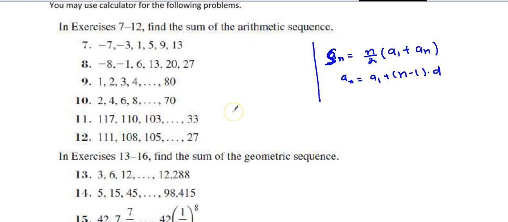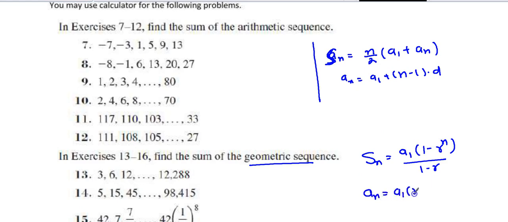Use that for this problem. The second part, geometric sequence: the sum of n terms is a1 times 1 minus r to the n over 1 minus r. Again, refer to the formula sheet. The nth term is a1 r to the n minus 1. Use this formula, and this is the homework you will be working on tonight.